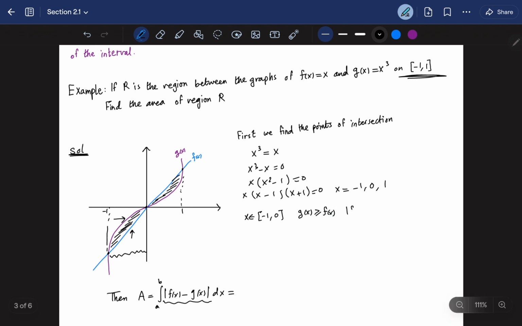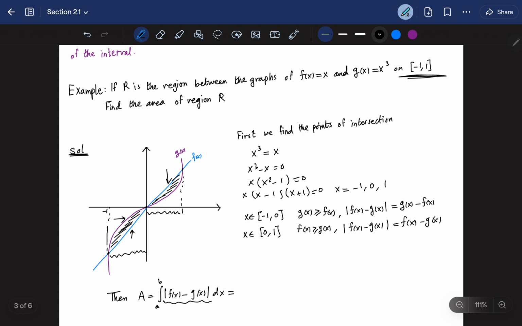So if I'm taking the absolute value of f minus g, since g is bigger, this is going to be g of x minus f of x. And if you look at the second part of the interval we're integrating over from 0 to 1, you'll notice that the blue curve is above the purple curve, which means that f of x is bigger than g of x, which means that the absolute value of f minus g of x is just f of x minus g of x.